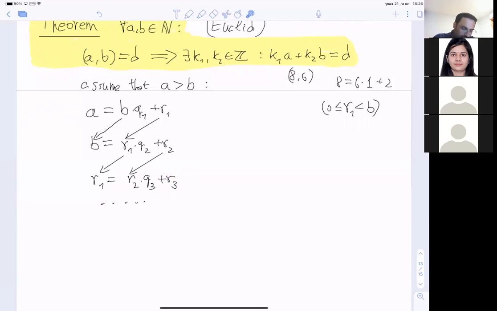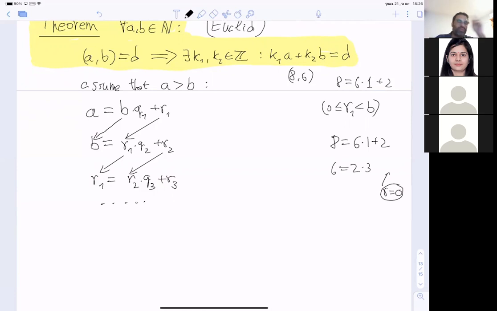Okay, for example, if we started with A and 6, the next will be 6 is 2 times 3, and that's all. So here R is 0.